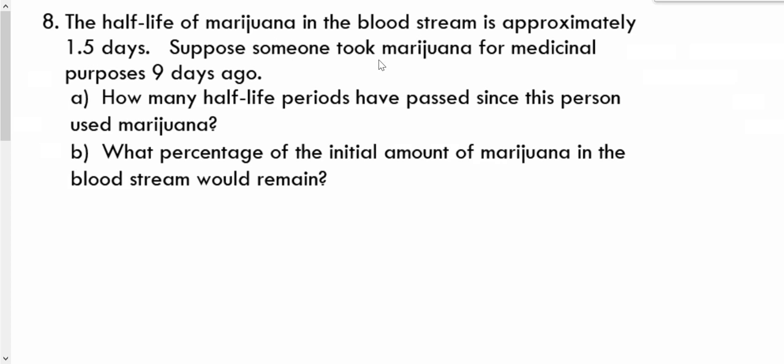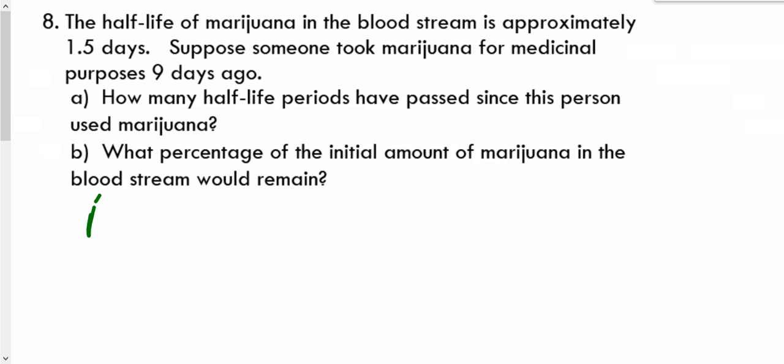If somebody took some marijuana for medicinal purposes 9 days ago, how many total half-life periods have passed since they used marijuana? And then what percentage can I assume would still be in that person's bloodstream after that 9-day period? You answer that question all at one shot with the formula.